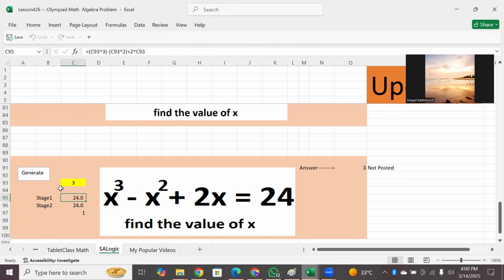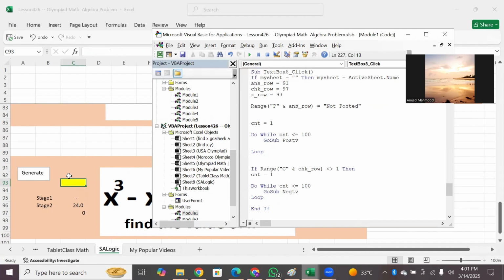So we have the option that we can divide the equation in two stages. The first stage is the left side of the equation, that is x cubed. X is unknown in the beginning, right? So the x row is also something which we would like to make a variable. X row is row number 93.